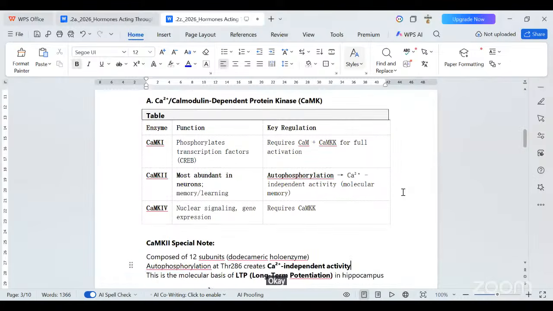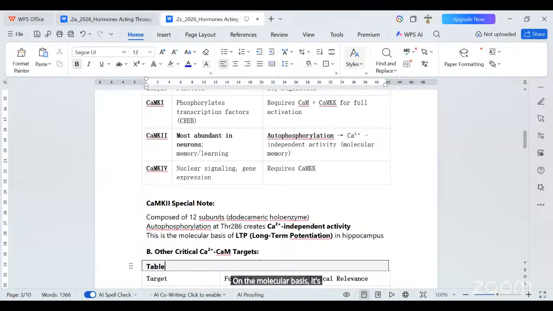Okay, so for the calmodulin dependent protein kinase, the CaMKII is composed of 12 subunits, is calcium dependent, and on the molecular basis, it stays longest in the hippocampus. Hippocampus is what part of the body? Is it the brain?